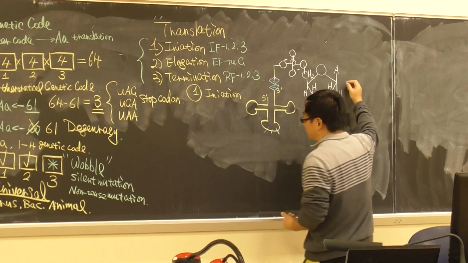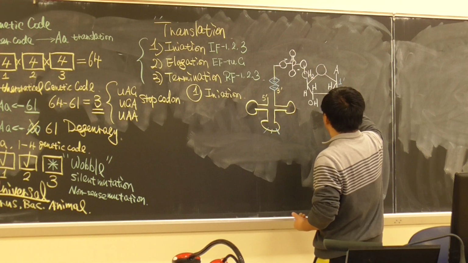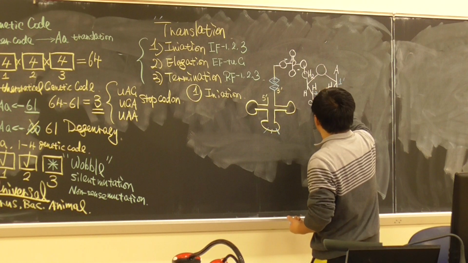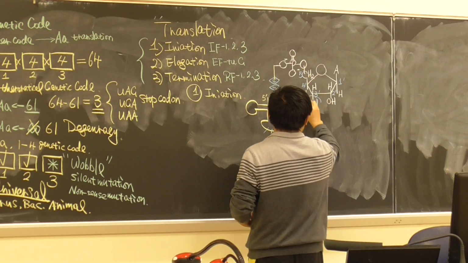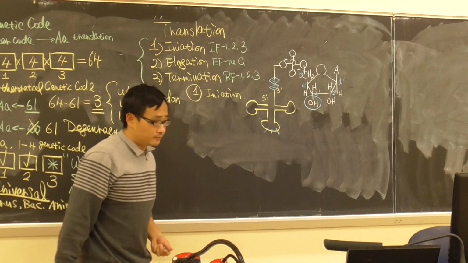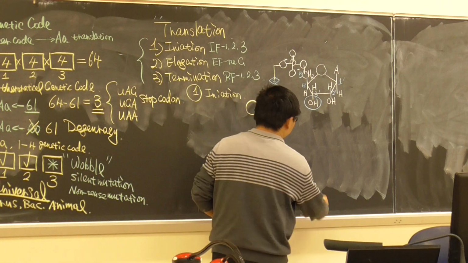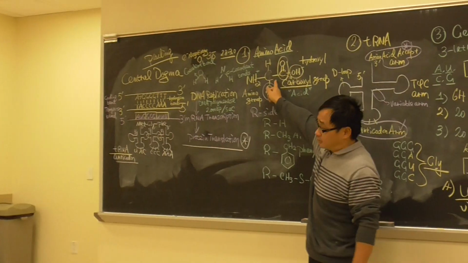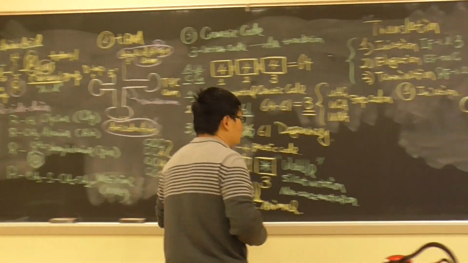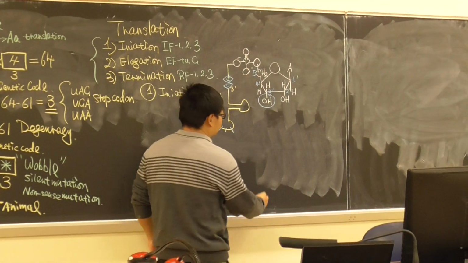We're going to go back to the top. 1 prime, 2 prime, 3 prime, 4 prime, and 5 prime. The story is going to happen at the 3 prime. Okay, how do they do it? Remember, this is the basic structure of an amino acid. What is it going to look like?